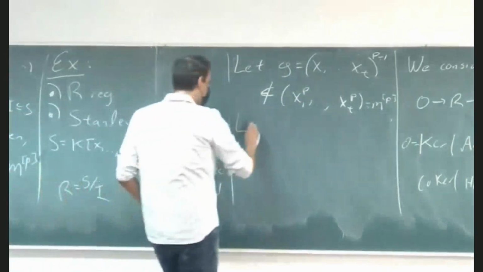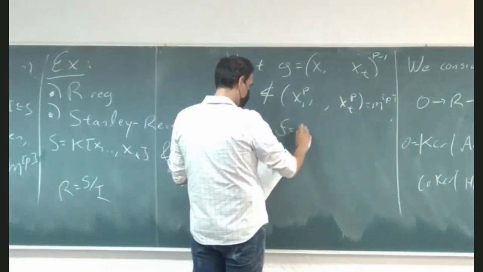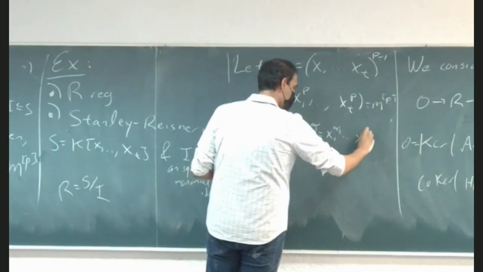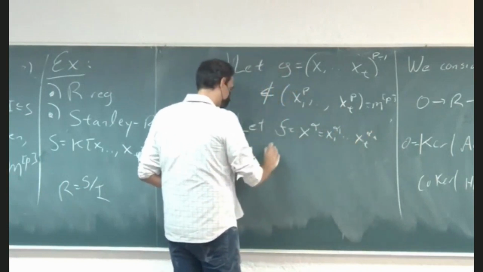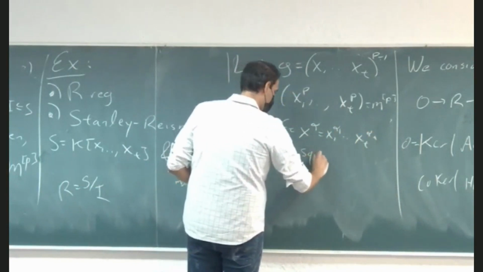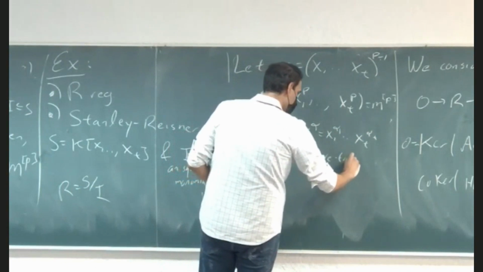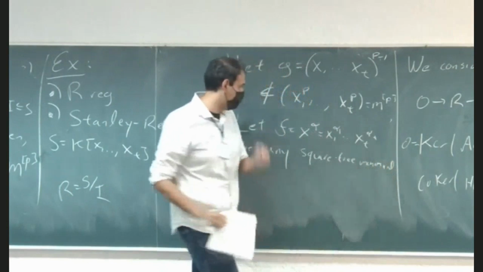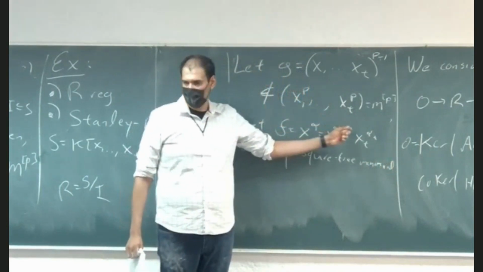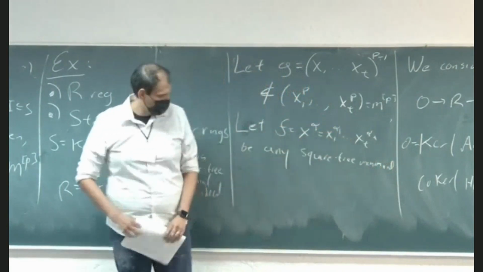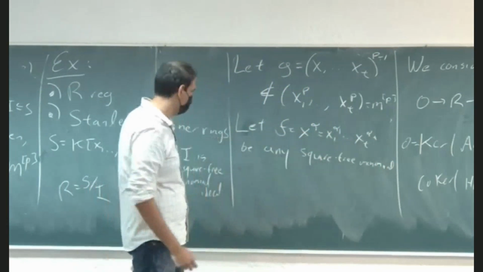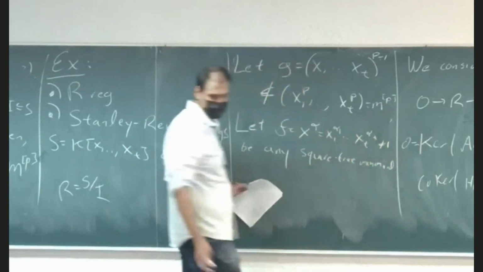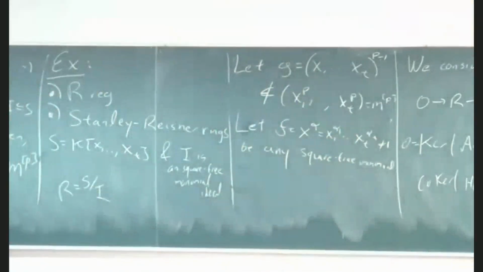If you give me any, let f be any square-free monomial. So that means that this exponent is either 0 or 1. Let's assume that it's different from one.